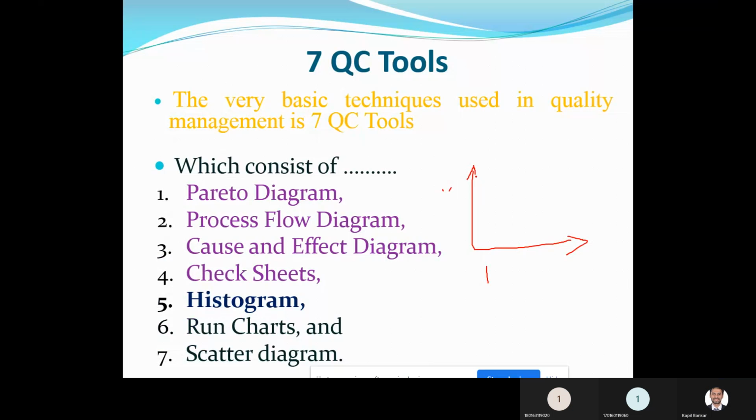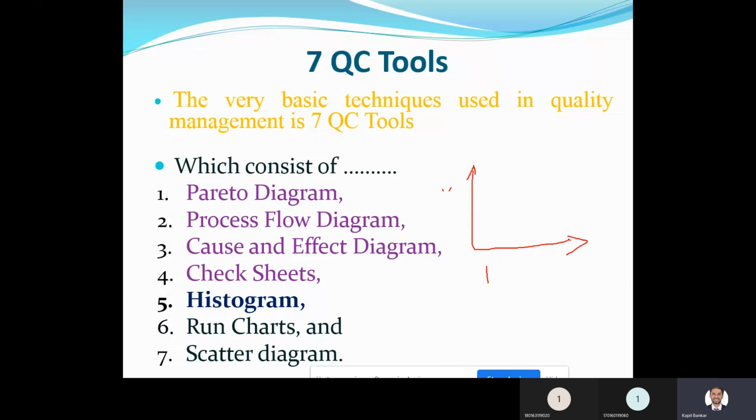And in the histogram, the same x and y axes are there. On the y-axis, again frequency is there, and on the x-axis some numerical and continuous data are there. Please keep in mind, in a histogram, on the x-axis continuous or numerical data is there, and that may be related to any measurement data.